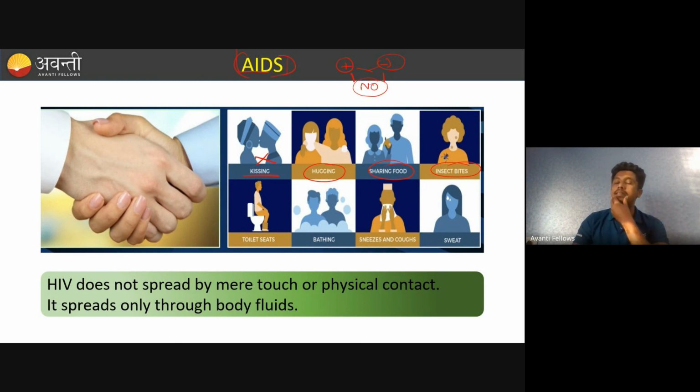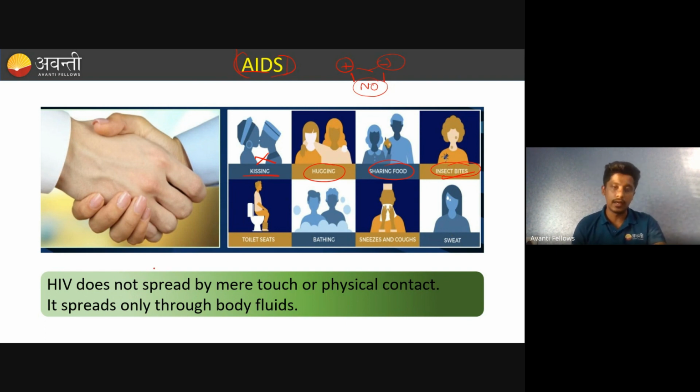The mosquito acts like our digestive system, where the AIDS virus cannot come from the blood all the way to the saliva of the mosquito. So when it bites, basically the saliva is what gets into our skin, not the blood. Understood? That is why mosquito bites will not cause AIDS.